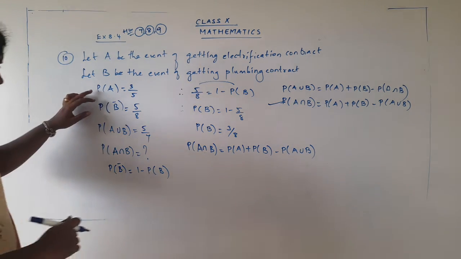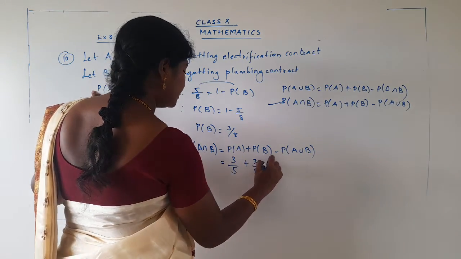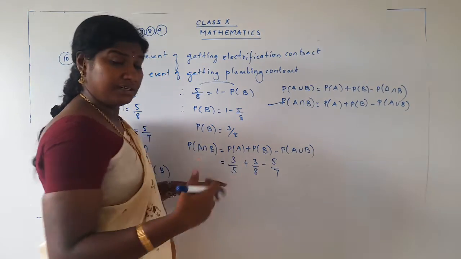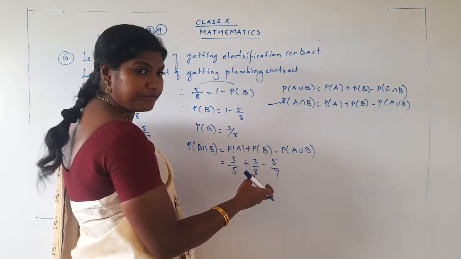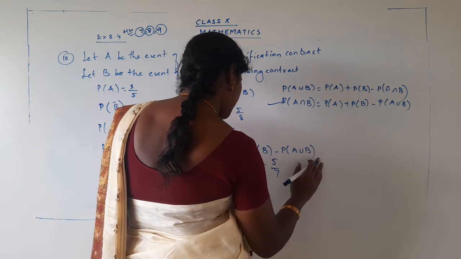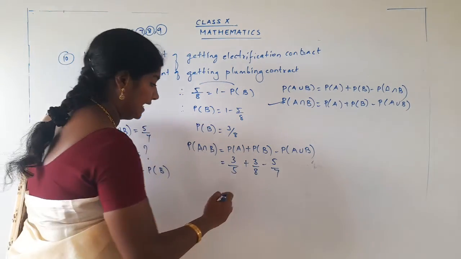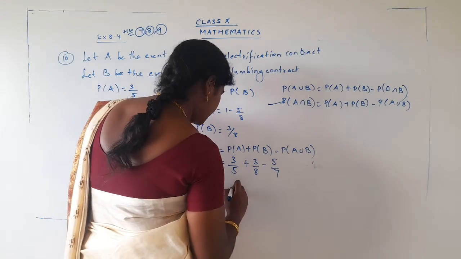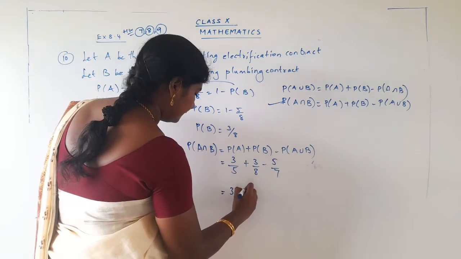Substitute the values. This is 3 upon 5 plus 3 upon 8 minus 5 upon 7. Here the denominators are not the same, so we have to take the LCM. All the numbers are different, so you have to multiply all the numbers. 5 8s are 40, 40 into 7, 7 4s are 28, so LCM is 280. So this is 3 into, I have to multiply here by 8 and 7.